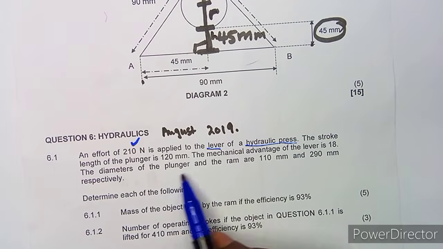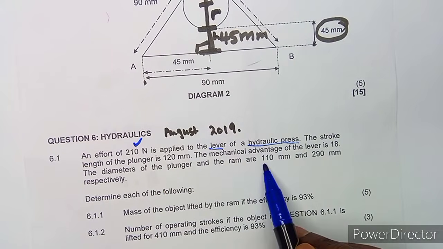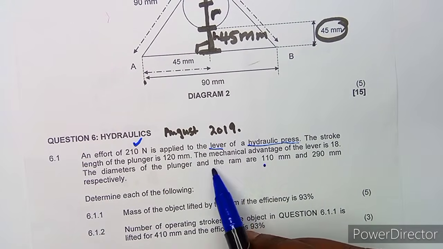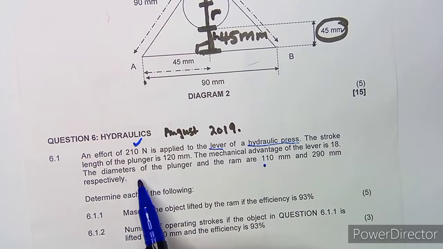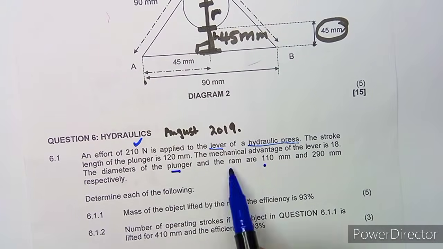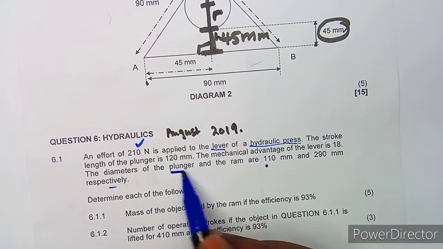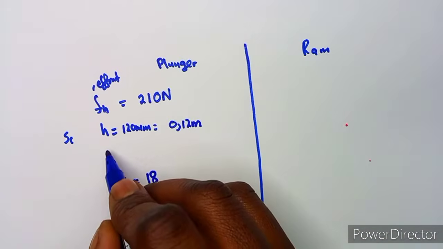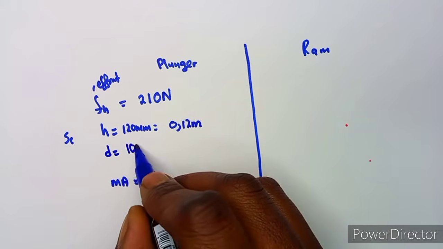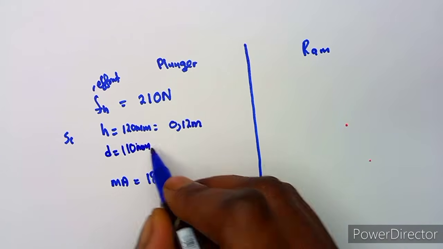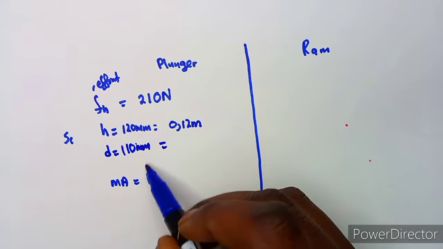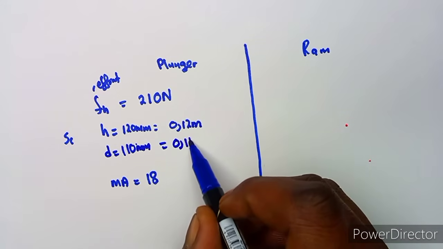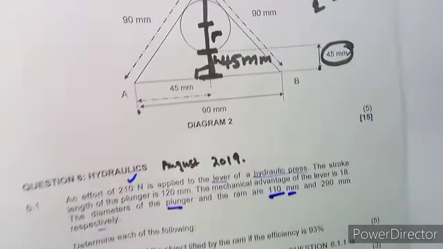The diameters now of the plunger and ram are given. So the plunger is 110 millimeters, which we divide by 1000 to obtain 0.11 meters.